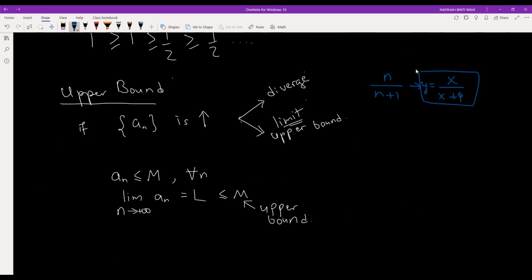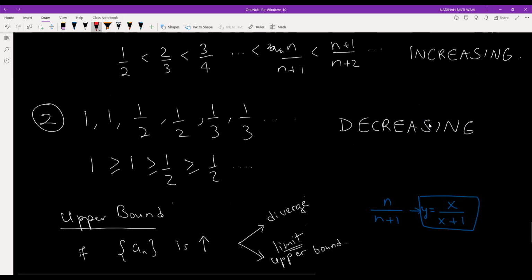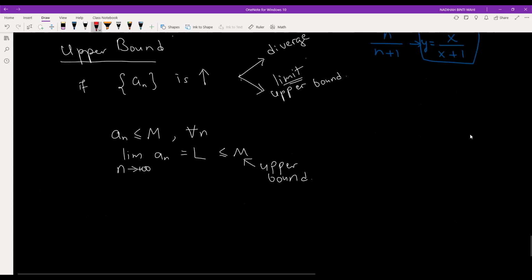If I plot this, what is it going to look like? Y starts from 1/2 and then increases, and it is approaching 1.